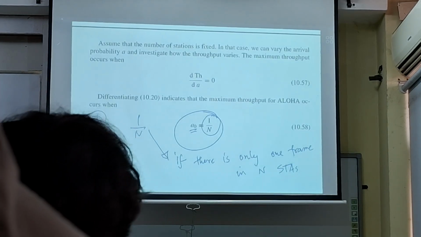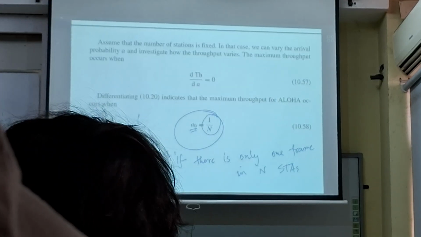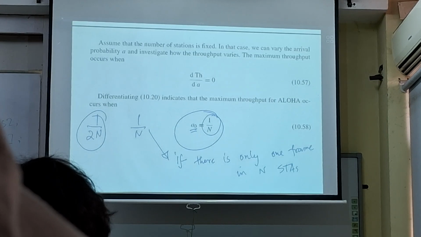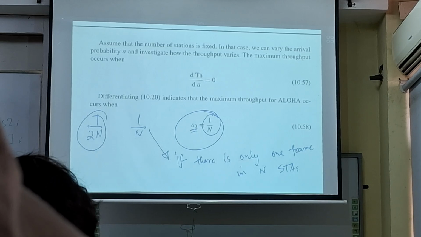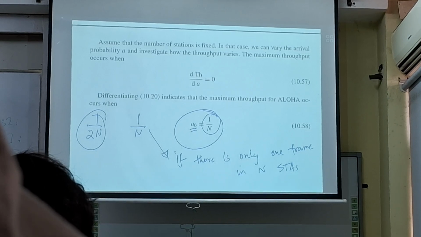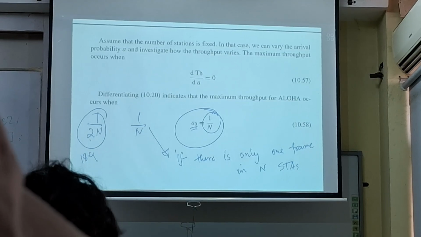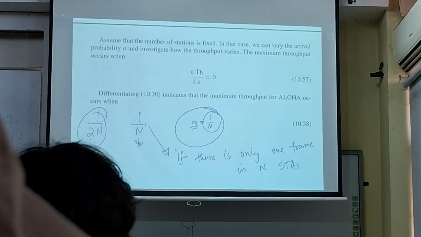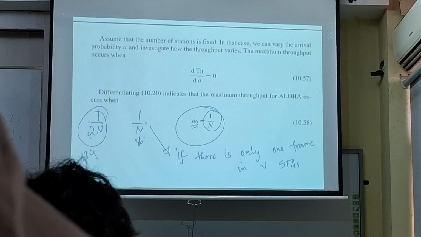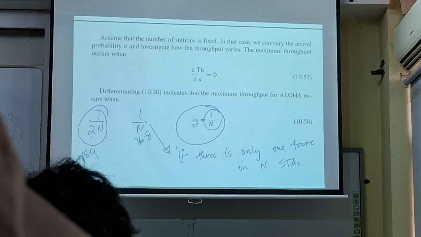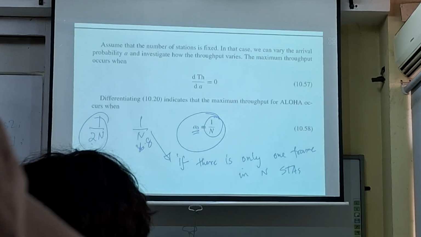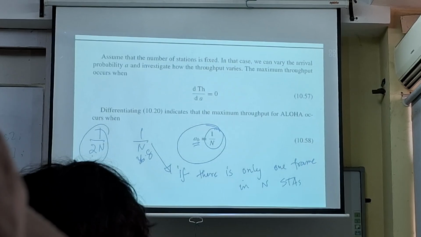This one says that, on average, there will be half a frame in a frame transmission period. And due to these two, the efficiency is 18.4 and the efficiency is 769. Questions?